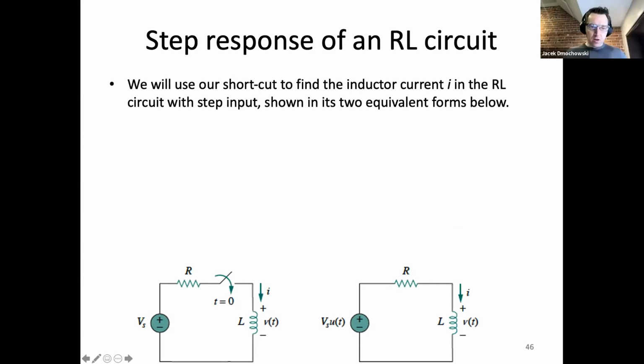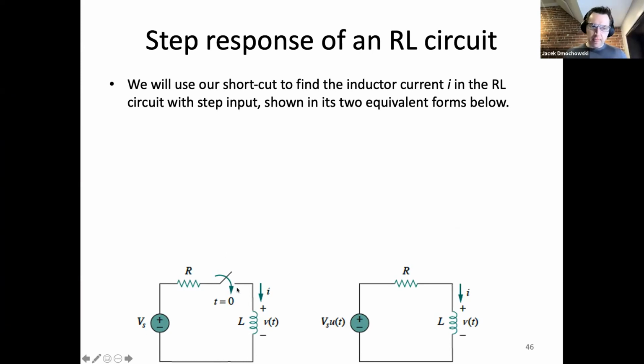Okay, so you have an inductor, and before time zero in this circuit, you can see that there's no current flowing through this inductor. Why? Because the switch is open and there's no path for the current to flow.